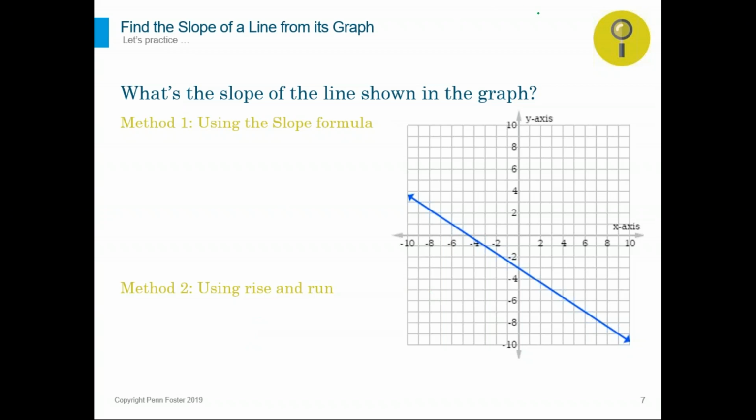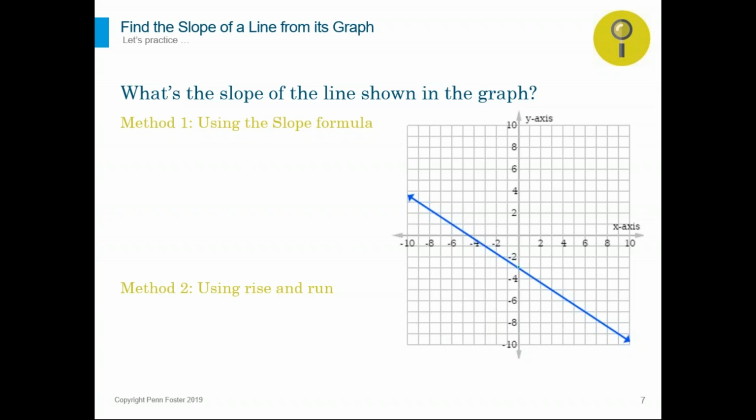So again, we need 2 points since the formula asks for 2 points. So from a graph, I'm going to use the easiest points I'm going to be able to find in my graph. One of the easiest points I personally like to use, if it's available, is the y-intercept.